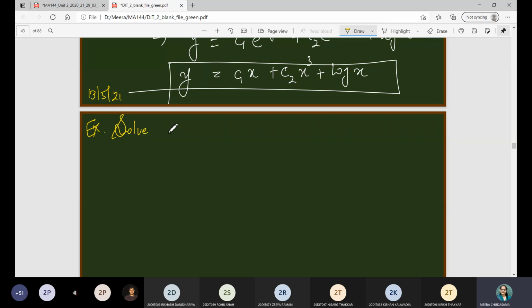Solve (2x plus 3) whole squared d square y by dx square minus (2x plus 3) dy by dx minus 12y is equal to 6x. So this is the differential equation we are given.